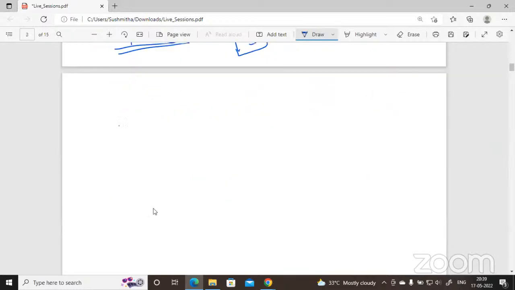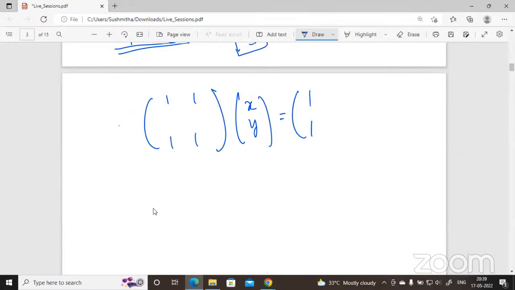Not always. Take this for example. When I reduce this system, what do I get? One row is 0. Something like this I will get, right?